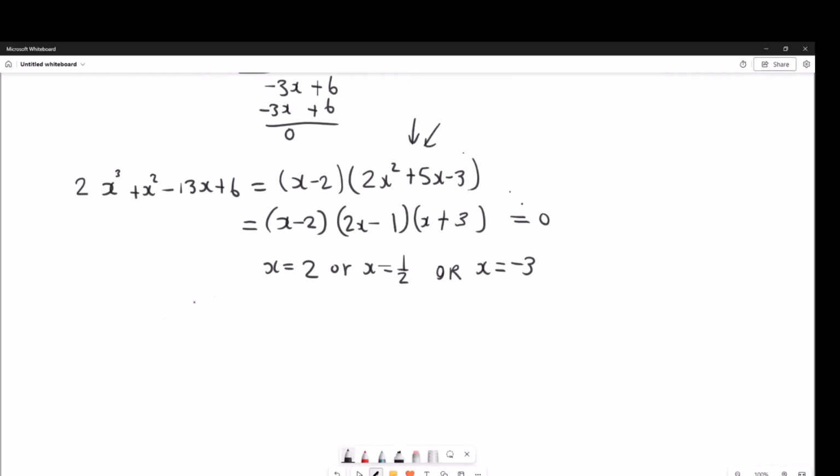Therefore, the required zeros. So we use the rational zeros theorem to give us all the possible zeros, but then the required zeros are those that, when you substitute them in place of x, give you P of x equal to 0. Required zeros are 2, a half, -3.